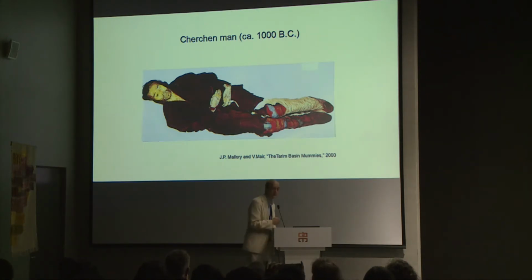This guy is 3,000 years old, and they just put him in a hole in the ground, but because it's so dry there, he was mummified with no special treatment. He actually looks in pretty good shape for somebody who's 3,000 years old.